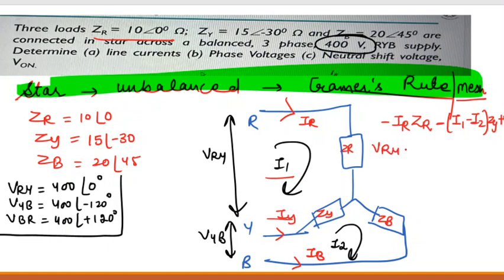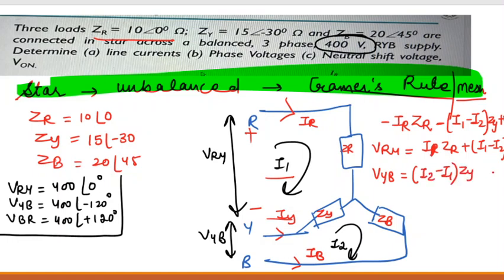So can we say that VRY is equal to IR into ZR plus (I1 minus I2) into ZY. Now fine. Similarly, we can get VYB is equal to (I2 minus I1) into ZY plus I2 into ZB. Yes or no?